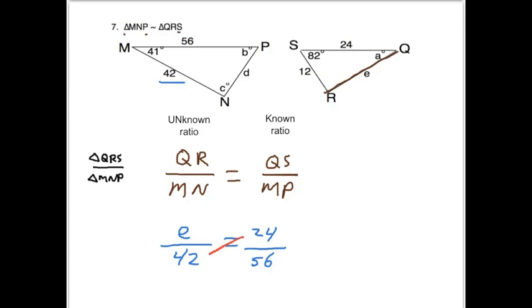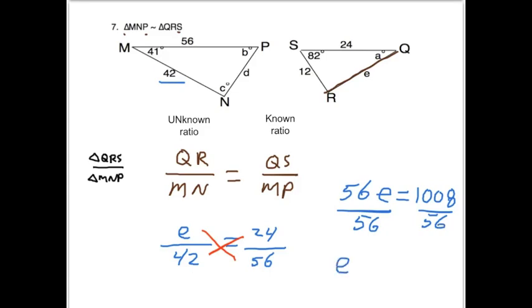So let's cross multiply. And then if we divide by 56 on both sides, we get that E equals 18.